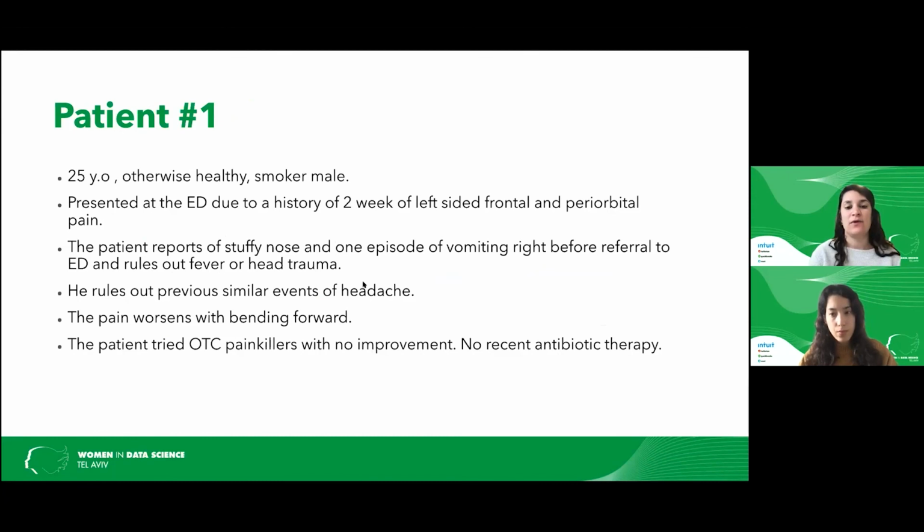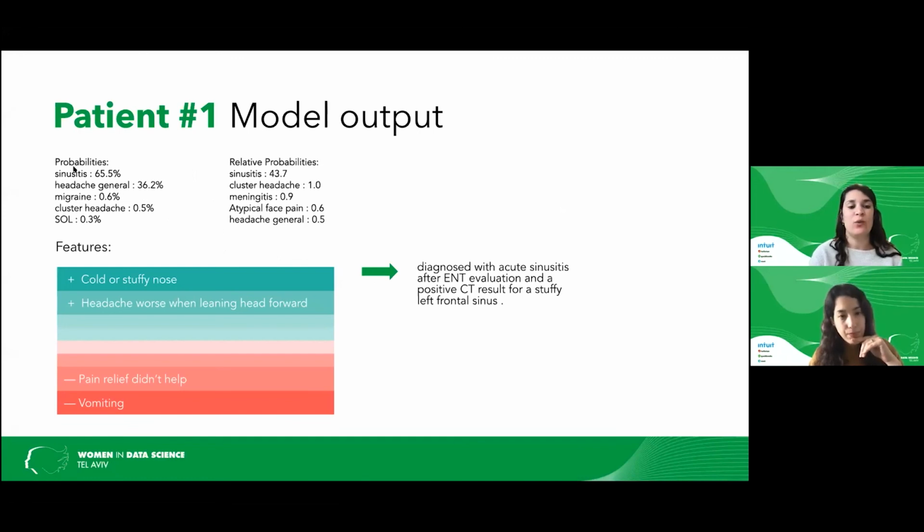So how do we use all these concepts in our system? We take all the concepts we extract from the textual data, and then we can train a machine learning model to predict which diagnosis the patient has. If we take a look at this patient, 25 years old, healthy, with left-sided frontal headache, stuffy nose, and vomiting, we can extract all the concepts from the text, and then we can predict what diagnosis the patient might have.